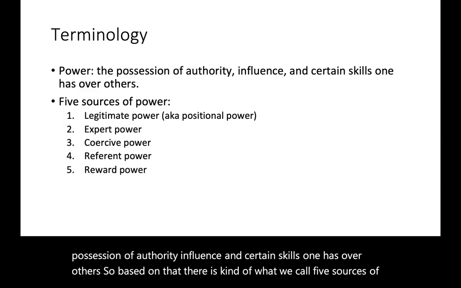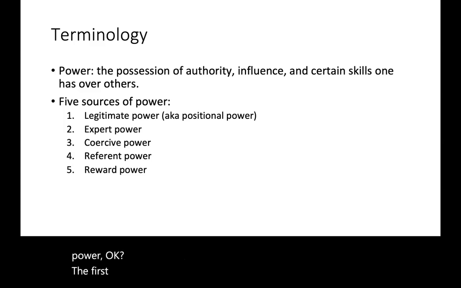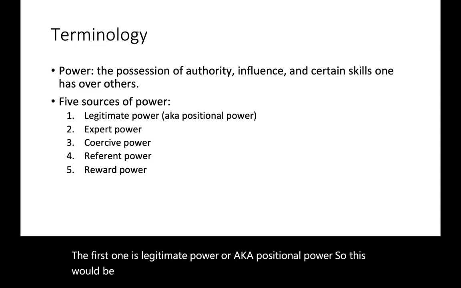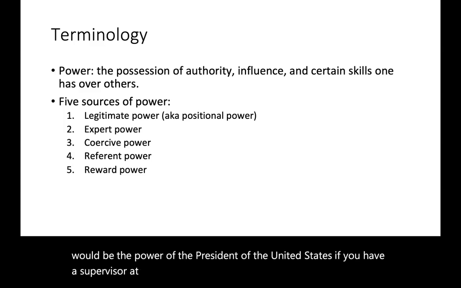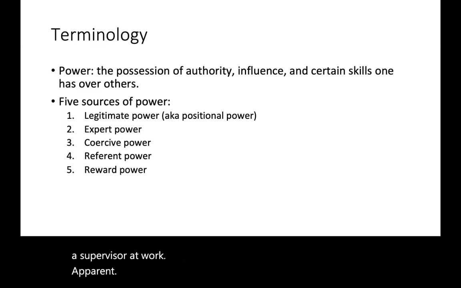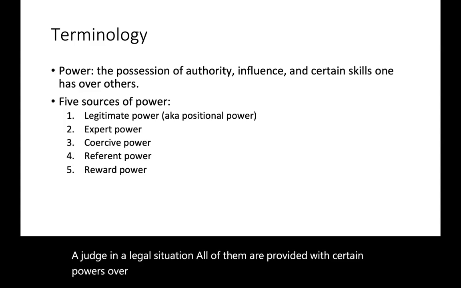Okay. The first one is legitimate power, AKA positional power. So this would be the power of the president of the United States. If you have a supervisor at work, a parent, a judge in a legal situation, all of them are provided with certain powers over others because of their position.